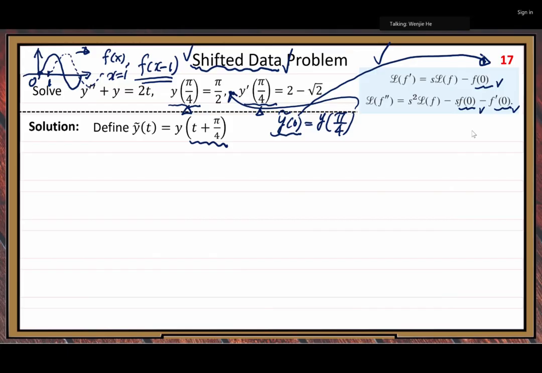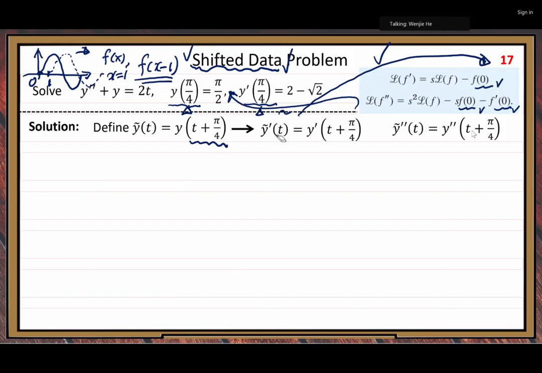All right, then let's apply the ODE on this y tilde function. If we calculate the derivative, y tilde prime, it's very easy, pretty straightforward. Double prime is also pretty easy.